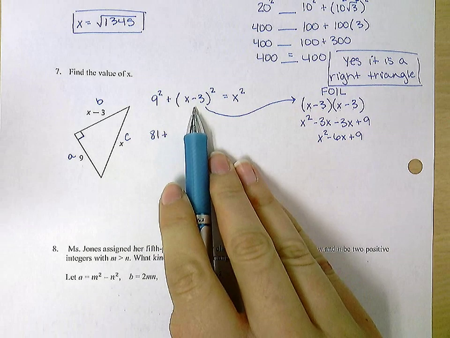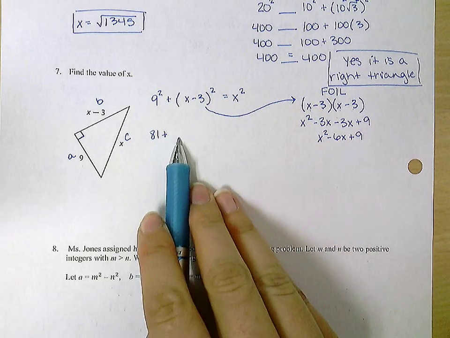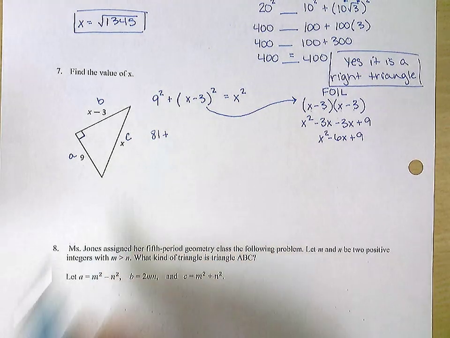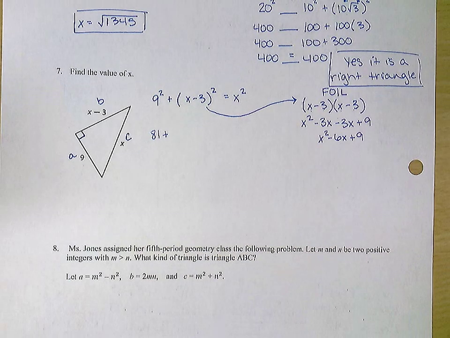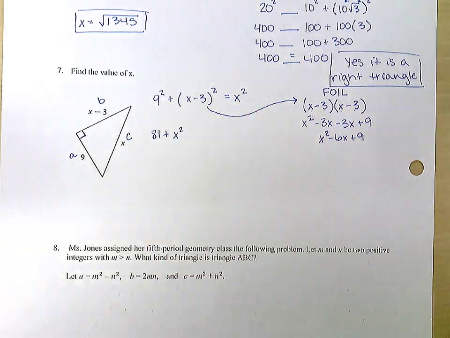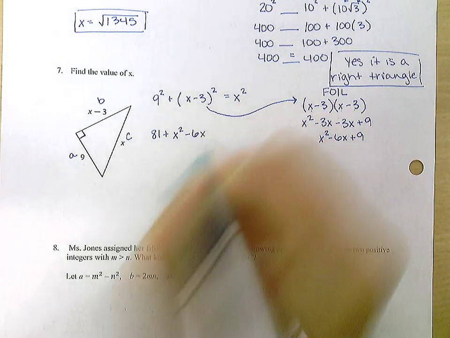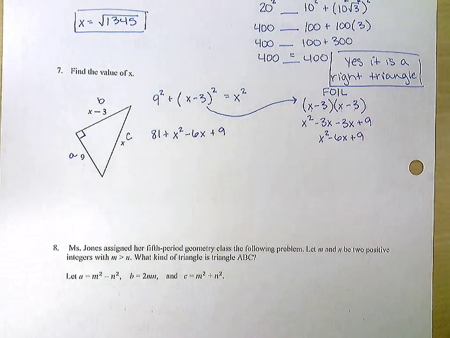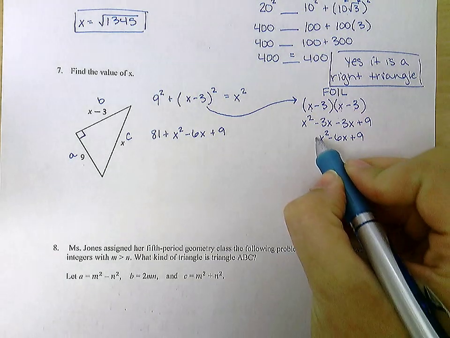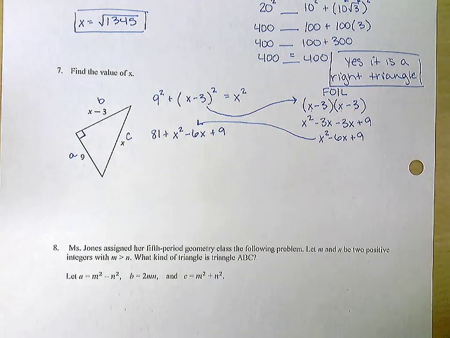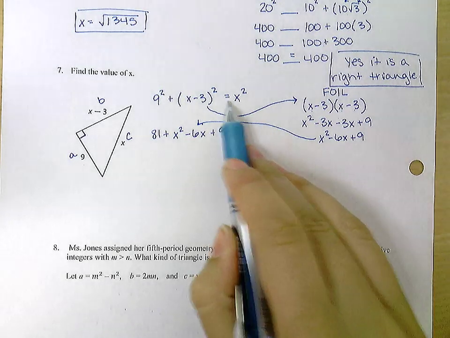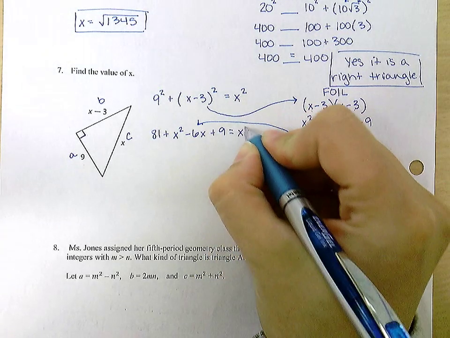Plus that quantity I just foiled. So I'm going to bring that back over here. Oh, I took them away. I'm sorry. Here you go. So I have x squared minus 6x plus 9. Again, I brought that back up over here. And then that's still equal to x squared.